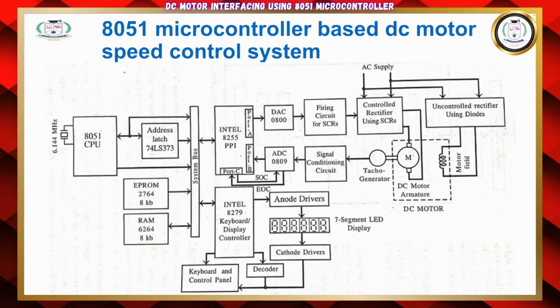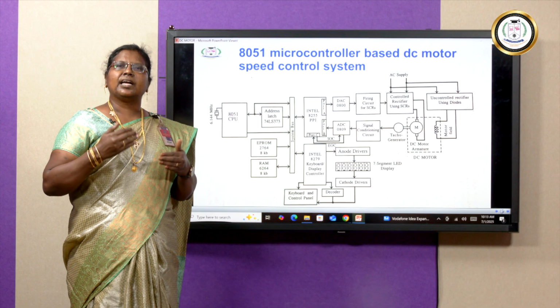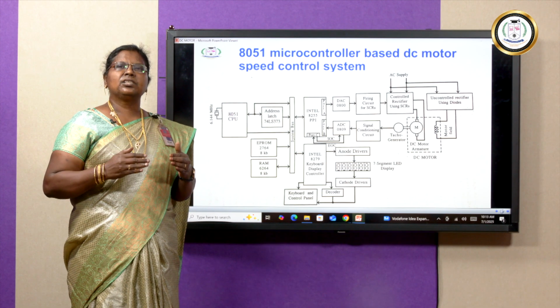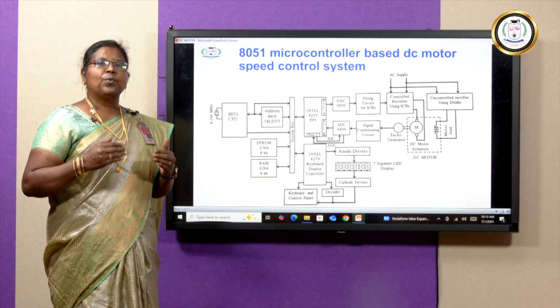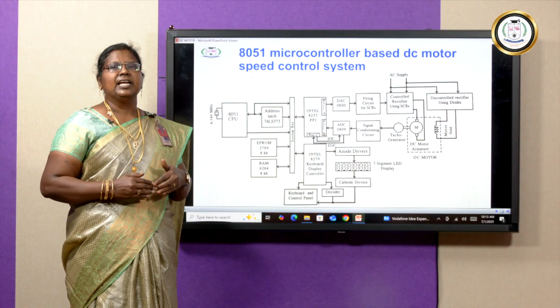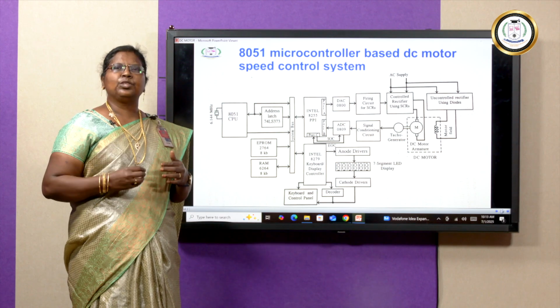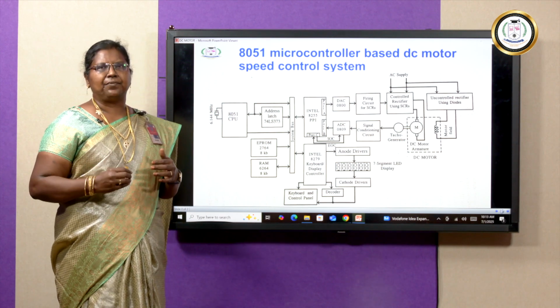When we give a start of conversion, it starts converting the analog signal to digital signal. Once the conversion has started, the microcontroller will wait till it receives the end of conversion. Once it receives the end of conversion, the data will be received through port B of 8255.